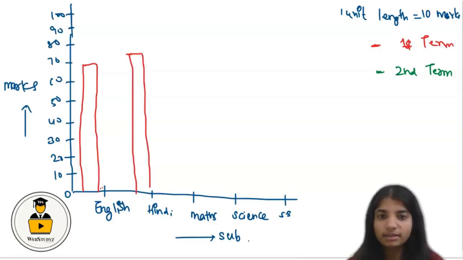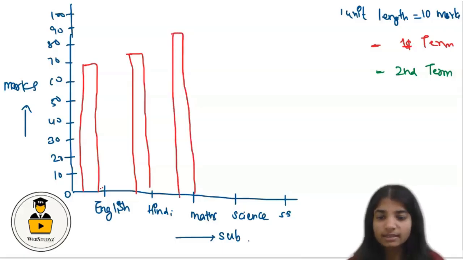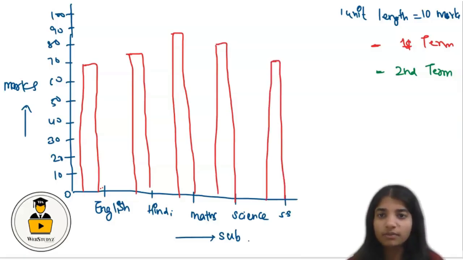In Maths, they have 88, and 88 must be somewhere here. In Science, they have 81, so 81 must be somewhere here. And in Social Science, they have 73, so 73 must be somewhere here. So these are the marks for term 1.